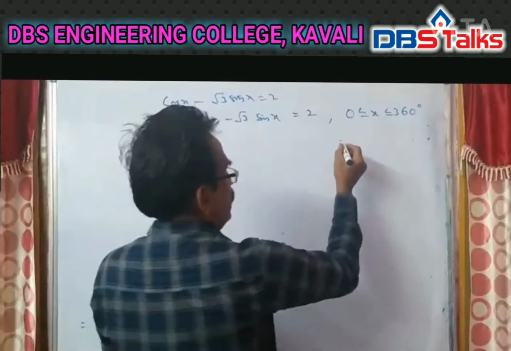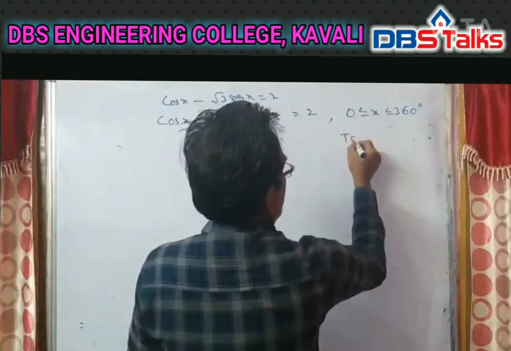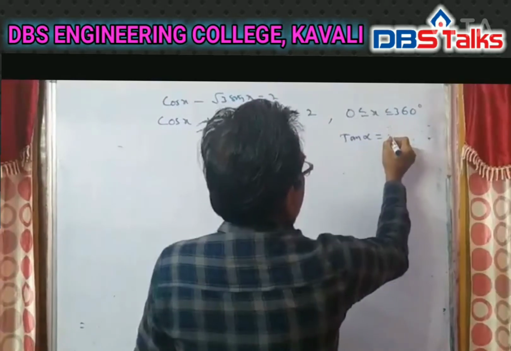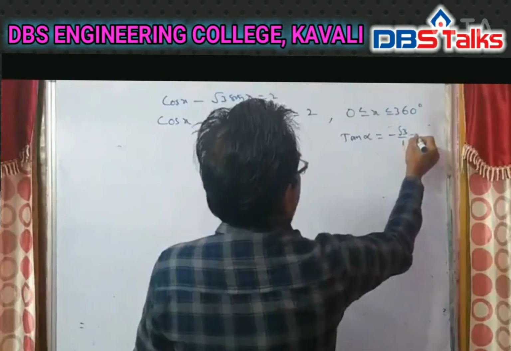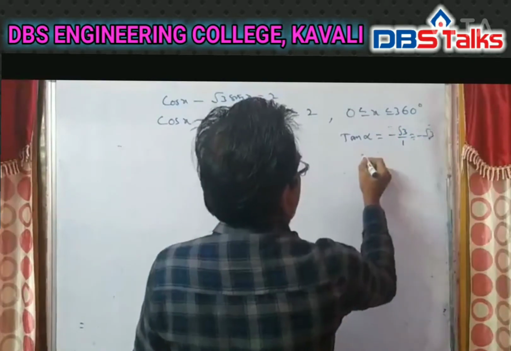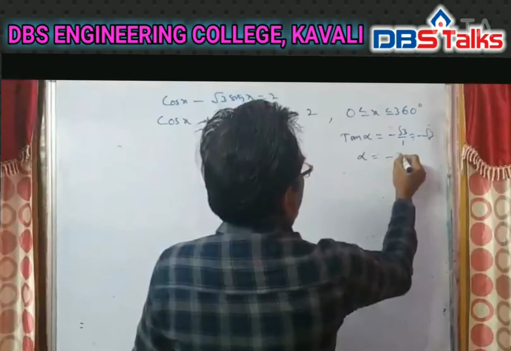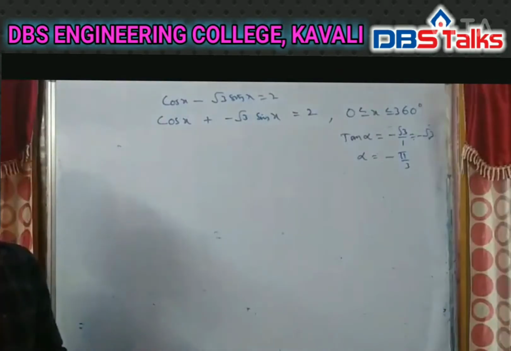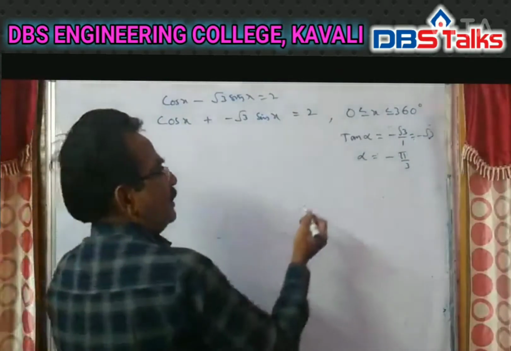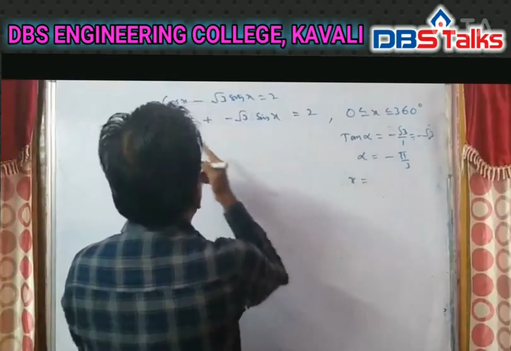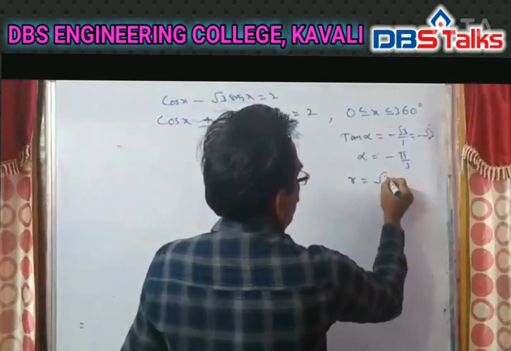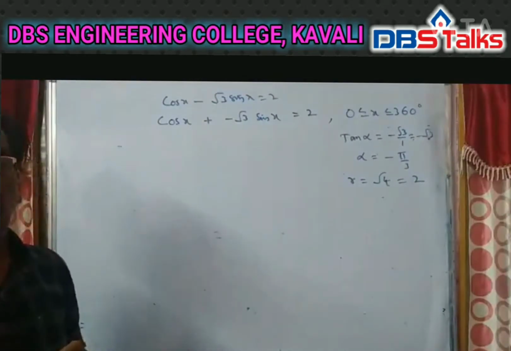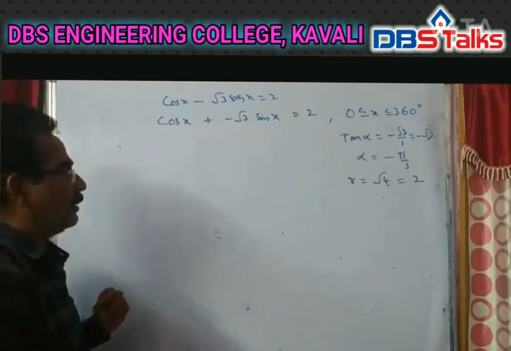Okay friends, so here tan alpha is equal to b by a, that is minus root 3 by 1, that is minus root 3. Alpha is equal to minus 60 degrees, that is minus pi by 3. Now coming to r, root of a square plus b square, root 4, that is equal to 2. We know alpha, we know r.